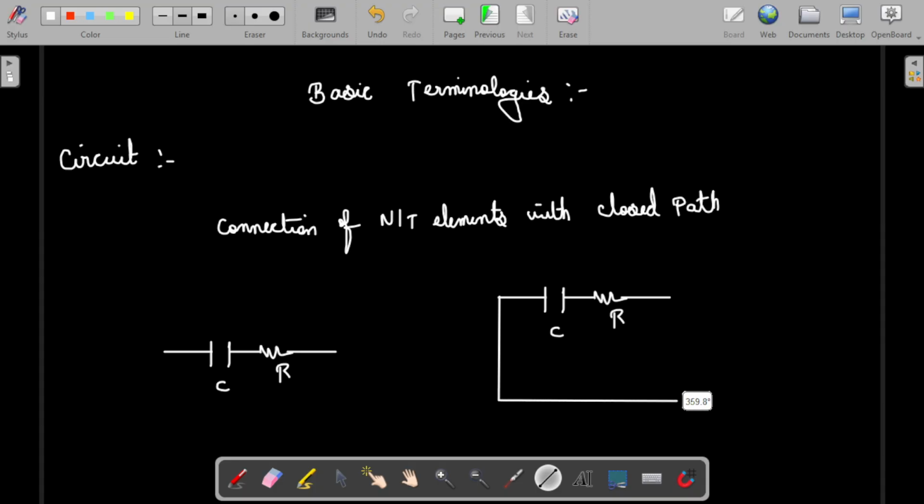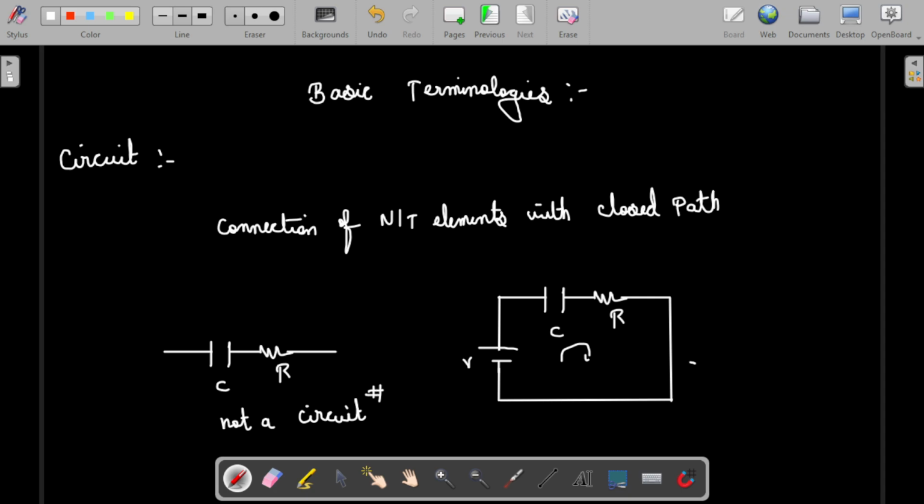There is a difference between these two circuits. Here the terminal is connected and the current will flow in this direction. Here there will be no current flow because it's an open circuit, so this is not a circuit.